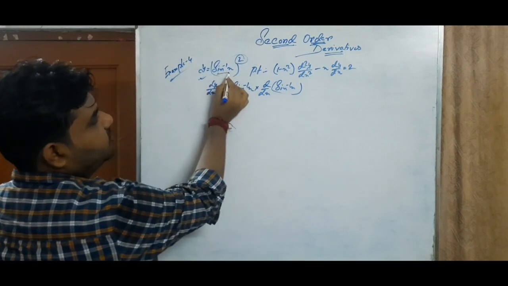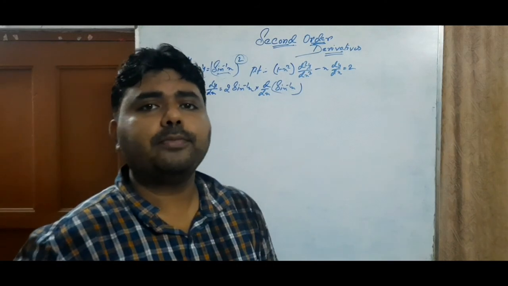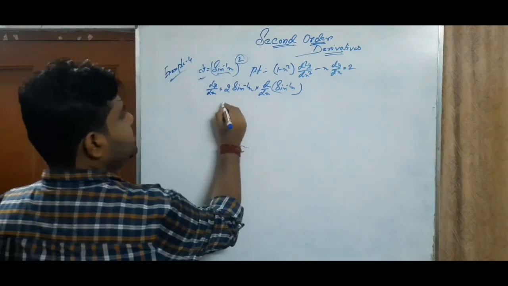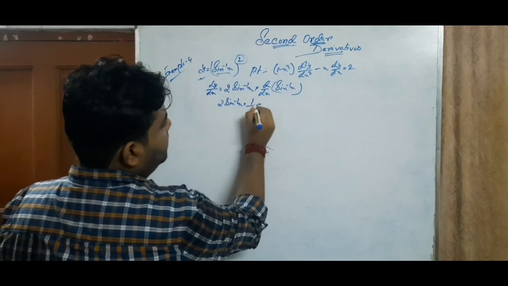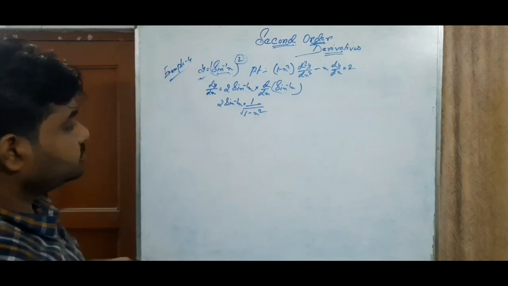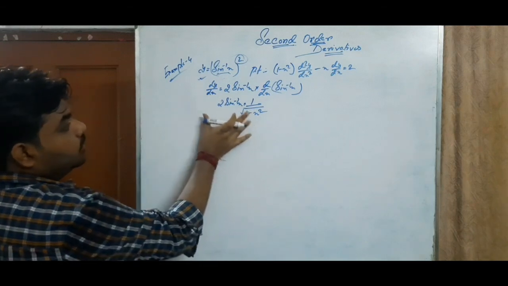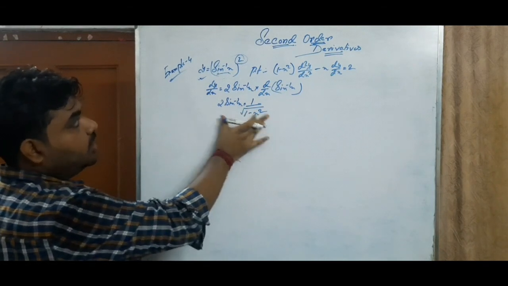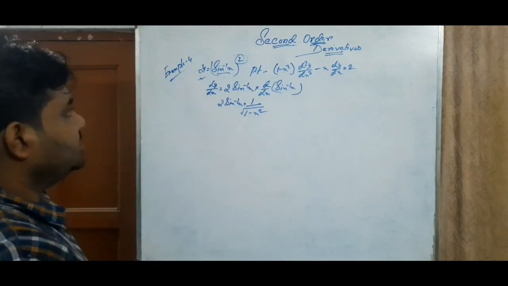Now for sine inverse of x, that is ddx of sine inverse x. This is the chain rule, we are applying the chain rule again, that is 2 sine inverse of x into 1 by root over 1 minus of x square. Now in the previous example we were differentiating this function. Now we will apply a second method. What is the second method?